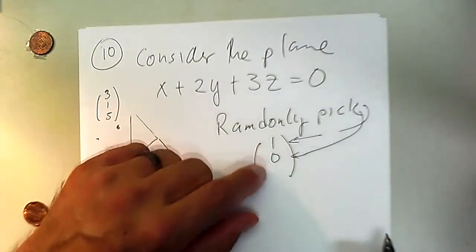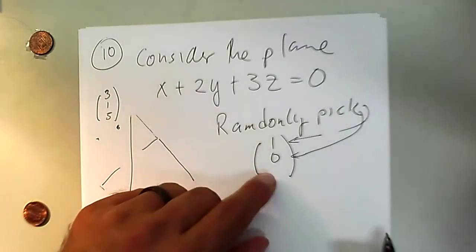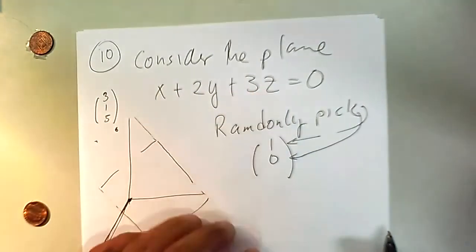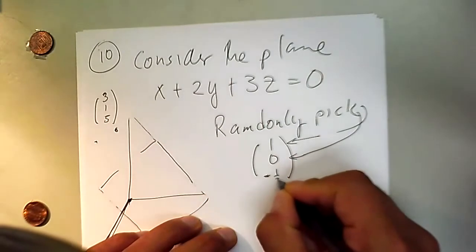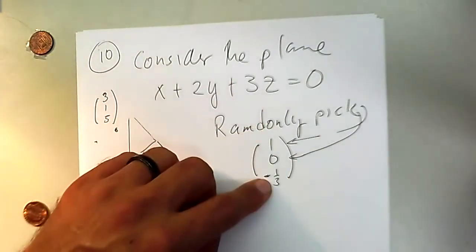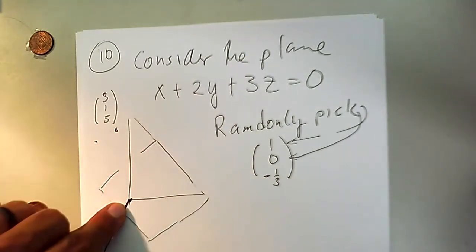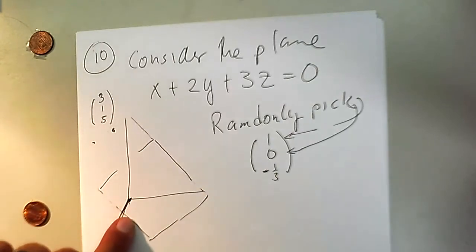So 1, 0, and then what number will make it work? Well, z has to be negative 1/3. So if you go 1, 0, in order to stay on the plane, you have to go down by 1/3.